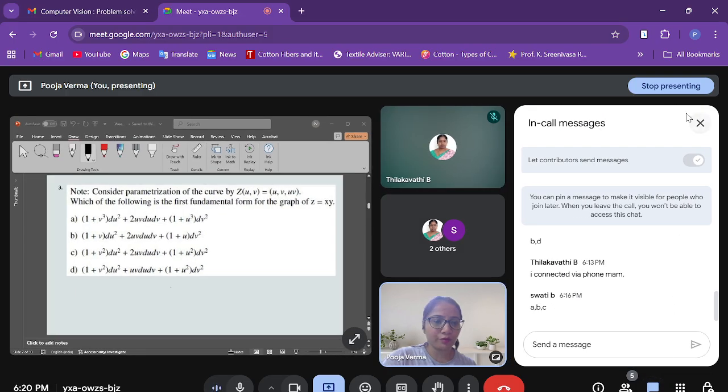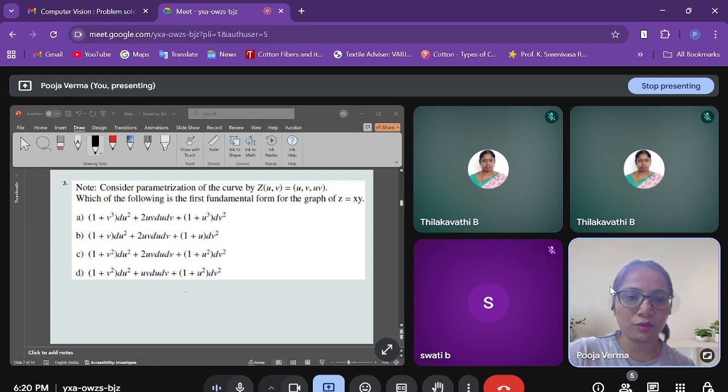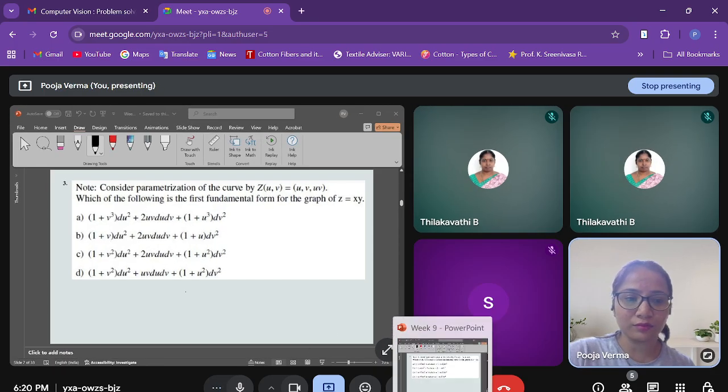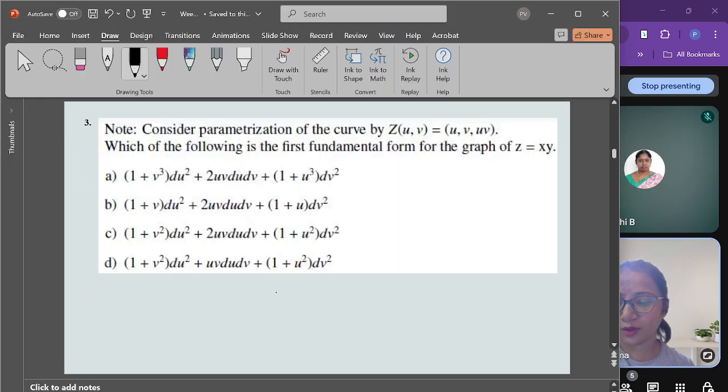Does any one of you have any idea how to solve this question? Then I will go through it. So what is the first fundamental form? It is basically about the first derivatives with respect to these parameters, u and v.